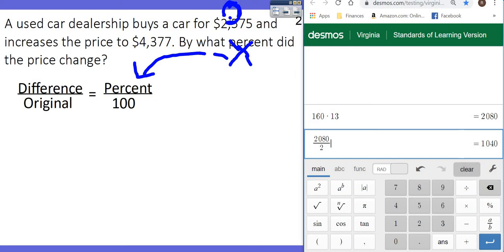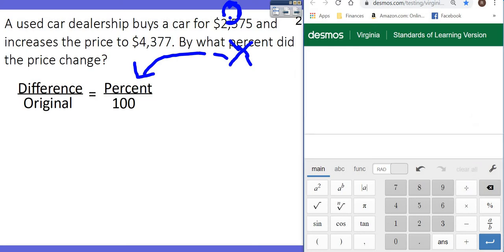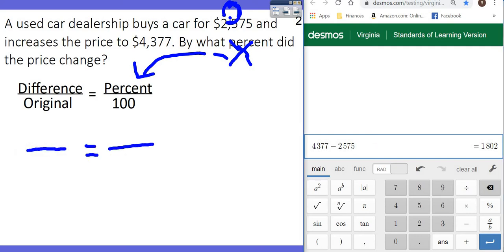So when you get that difference, the first thing you do is you take that 4,377 and you subtract what they originally paid for, the 2,575, and the difference is 1,802. So what I'm going to do is I'm going to draw line equals line. I've used my calculator over here.